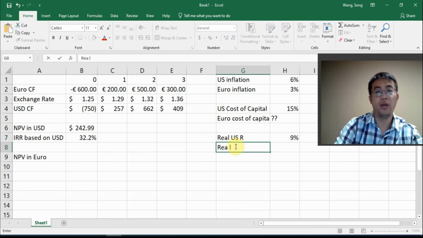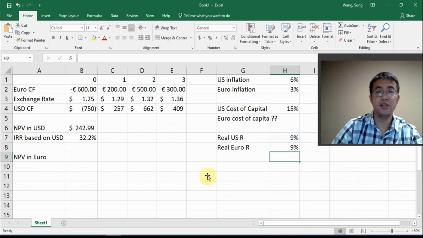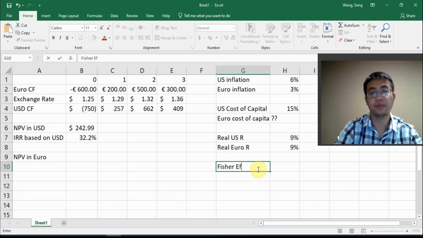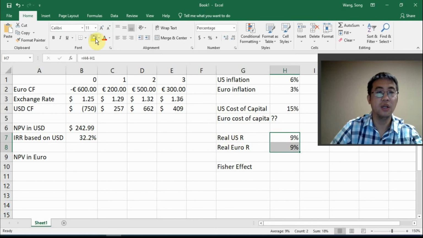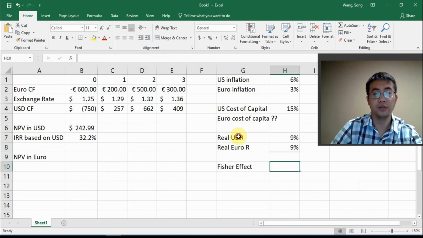And what about the real euro cost of capital, or the euro rate? It should be exactly the same as the US rate. This is consistent with the international Fisher effect, which says that the real rates of two countries should be equal to each other.